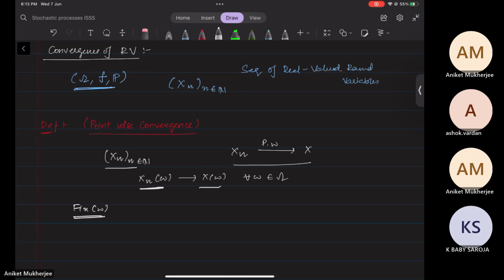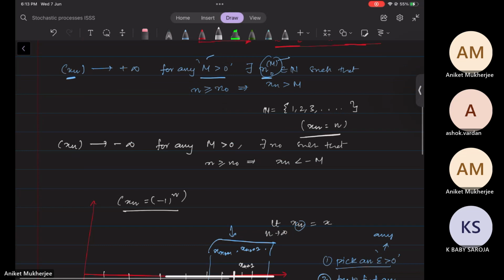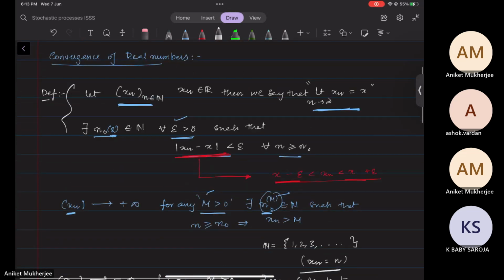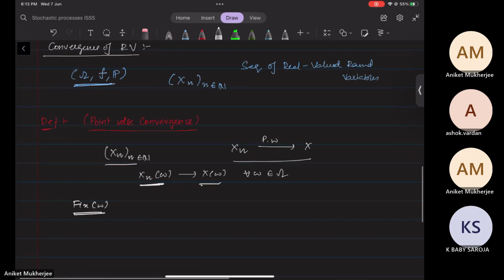When you fix omega, all these terms are just a deterministic sequence of real numbers. And you check whether this sequence satisfies the real number convergence criteria to this number. If it is true for all omegas in the outcome space, then you can say that Xn converges to X pointwise.